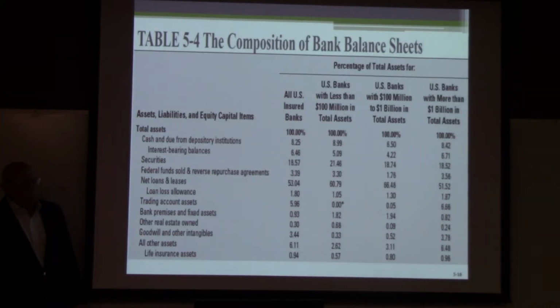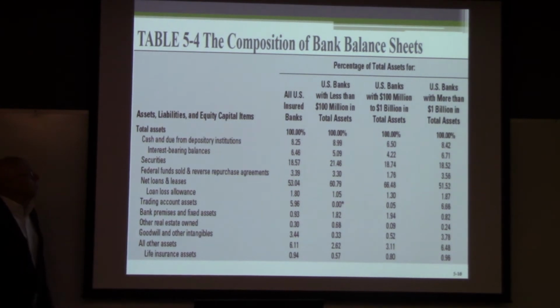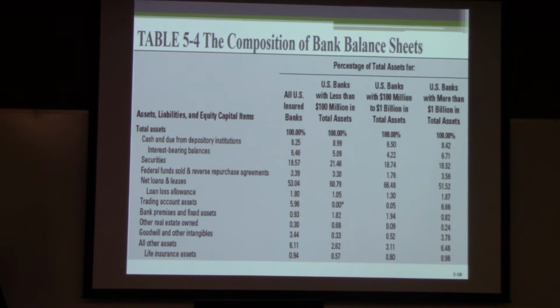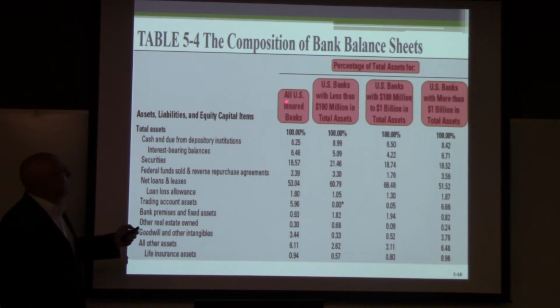All right. So let's take a closer look at the balance sheets for banks, and we're going to look at them in terms of the percentage of total assets for all banks, then for smaller banks, mid-sized banks, and large banks. Okay?